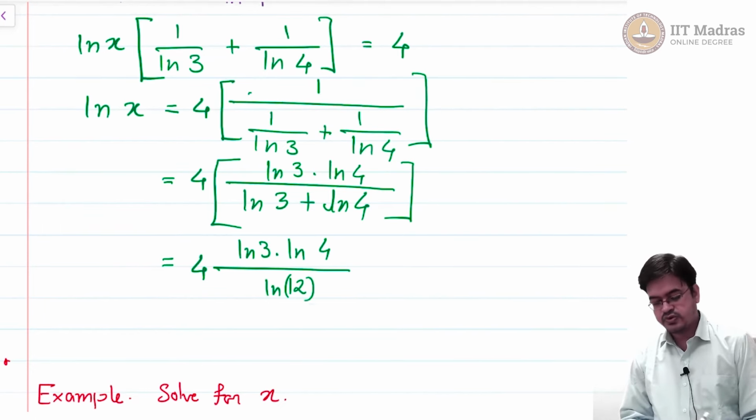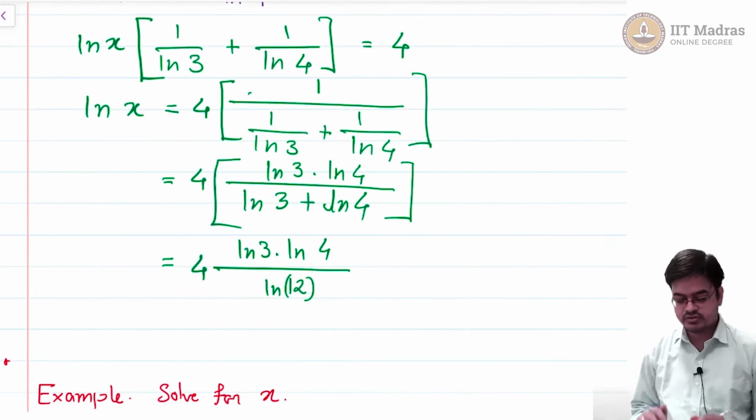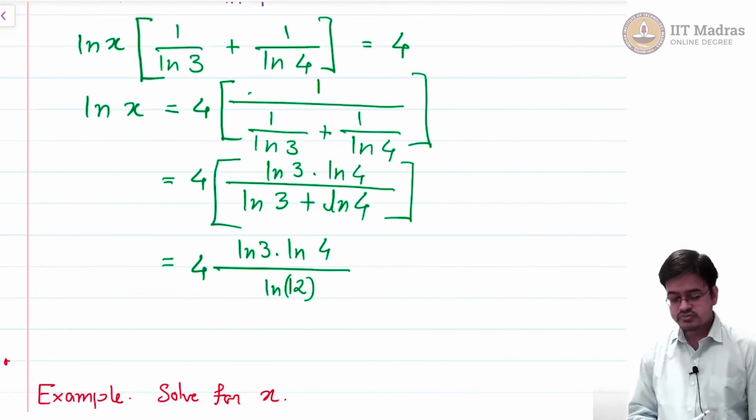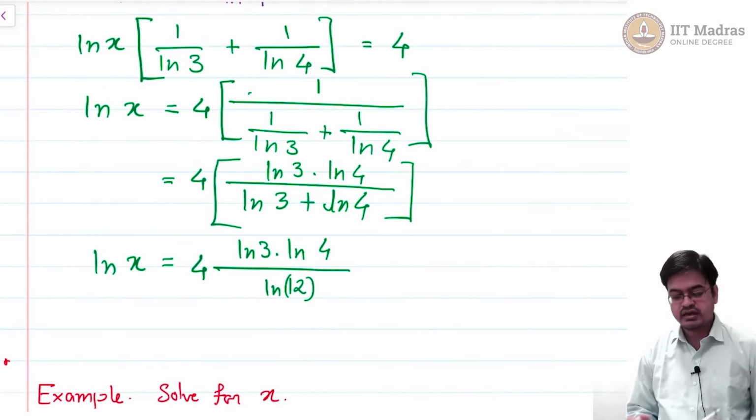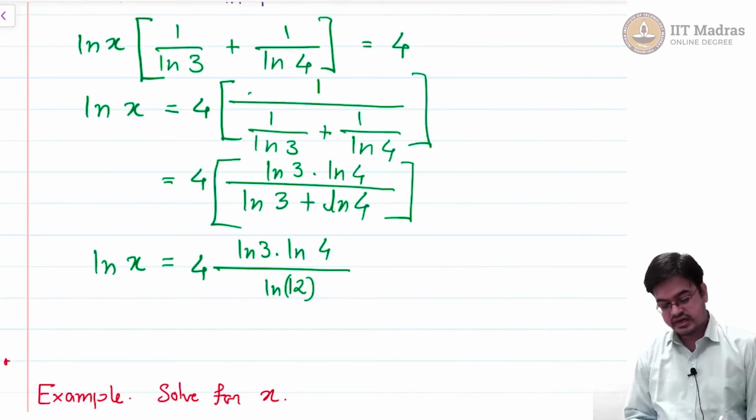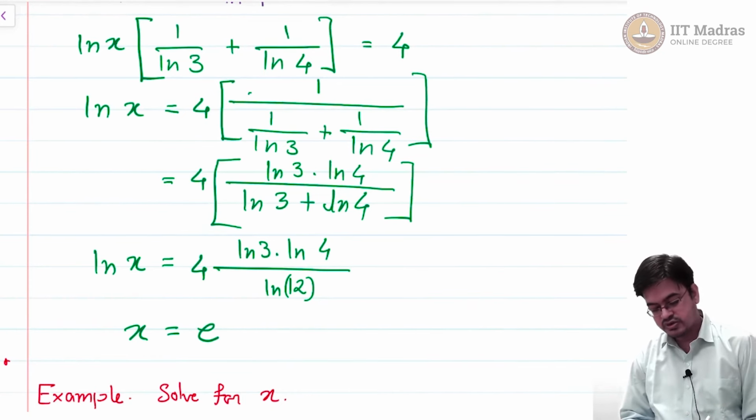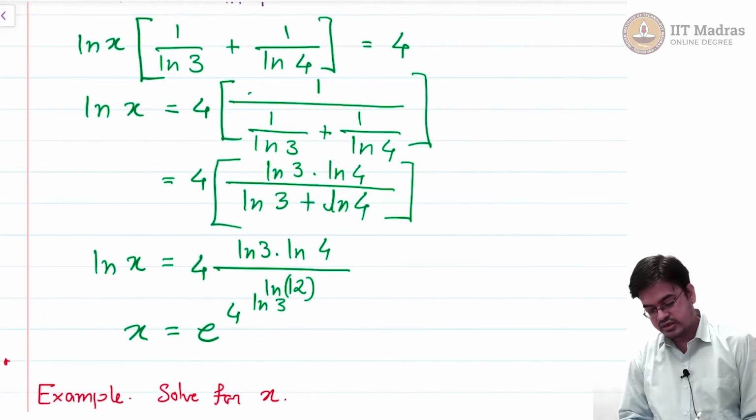Correct? 4 into 3, I have used the multiplication rule. Fine. So let all these things remain as it is, and because it is ln, I will exponentiate and I will get x is equal to e raised to 4 times ln of 3 into ln of 4 upon ln of 12.